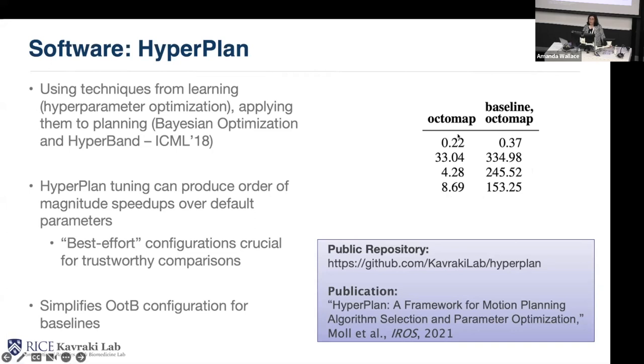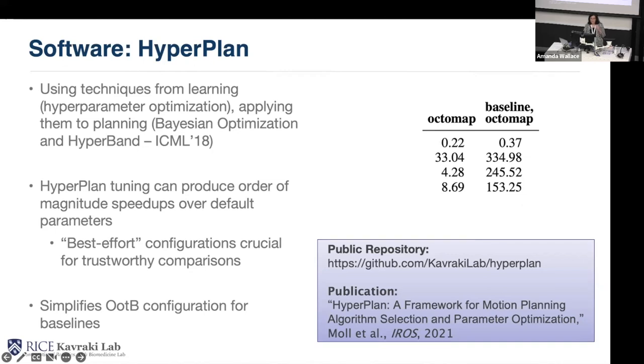And typically we use all these planners with octomaps now, not geometric models, but octomap models of the environments. I'm not showing you the details. You can find them in the paper, which was at IROS last year, but it's a huge improvement. Okay, the baseline, which is the standard parameters of the planners, look at the amount of time you're taking, and this is what you get after using Hyperplan.